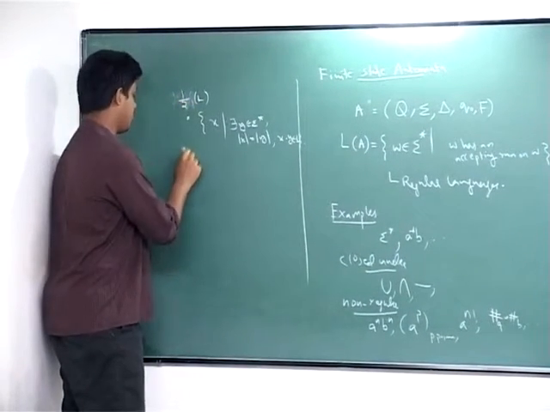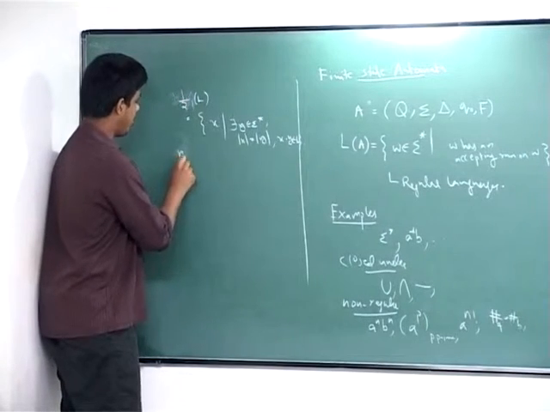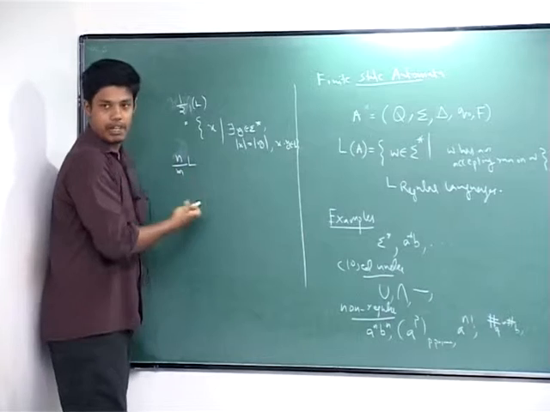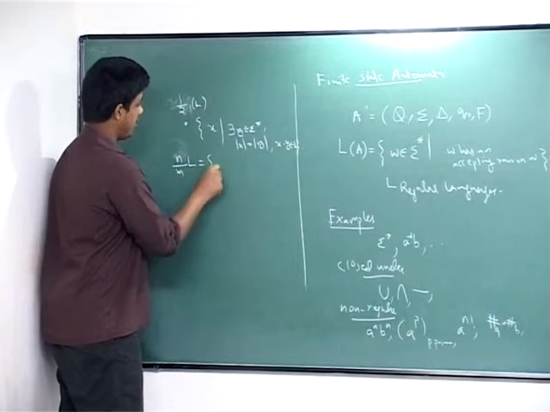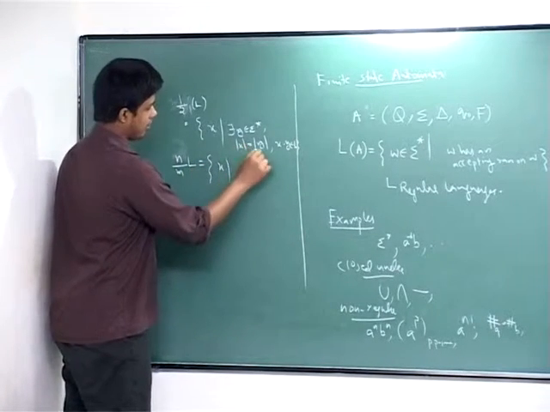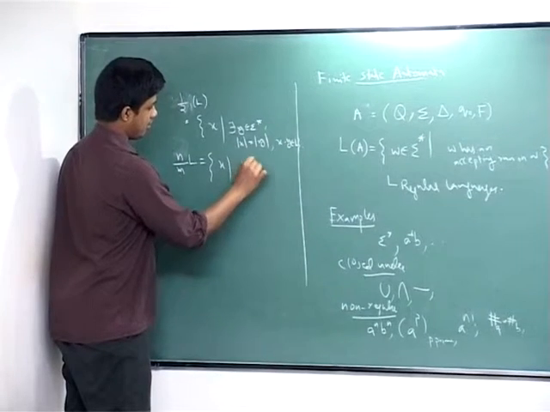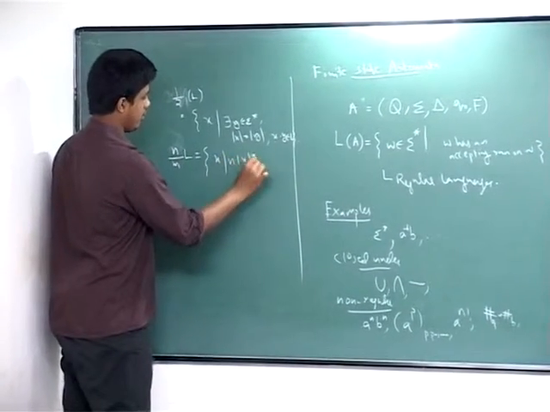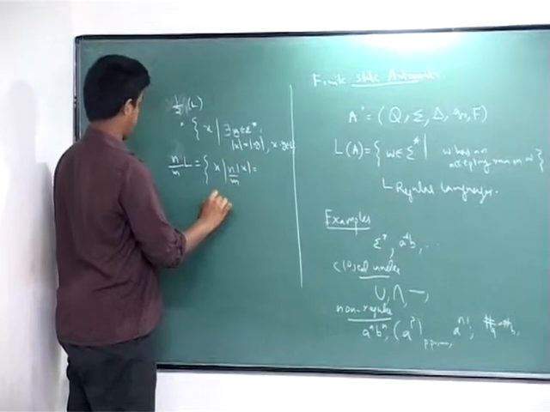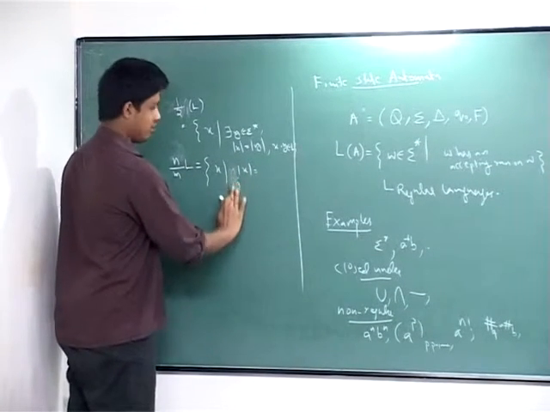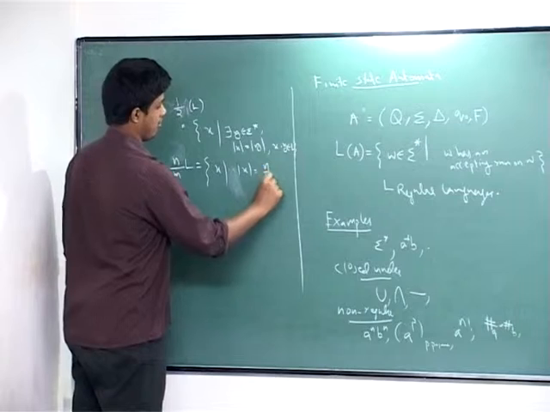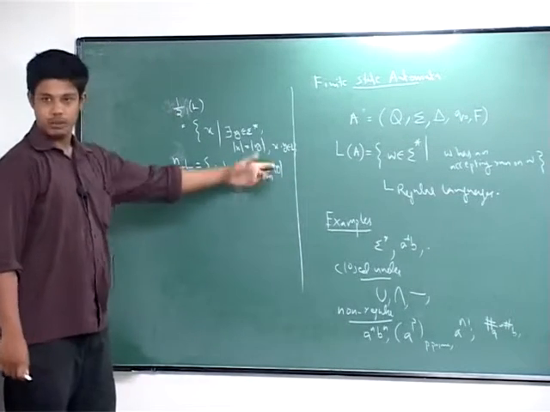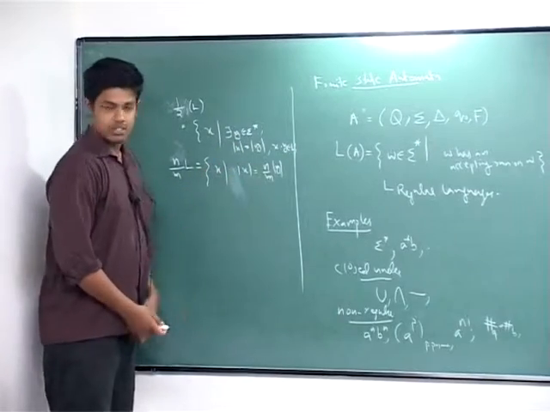Now let's generalize this a bit. n by m of L, for some n and m. Instead of this, it will be n times size of x equal to m times size of y, just a crude generalization, right?